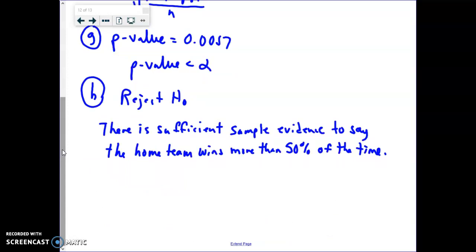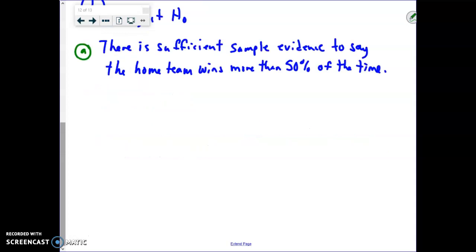Remember, only 6 out of every 1,000 samples would be more extreme than ours. So this isn't just due to sampling. By the way, this is part A here. This just wasn't due to sampling variability. There does seem to be a home field advantage.